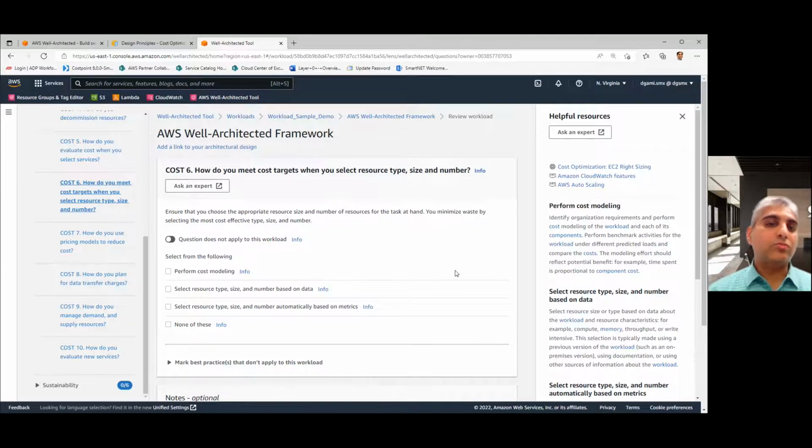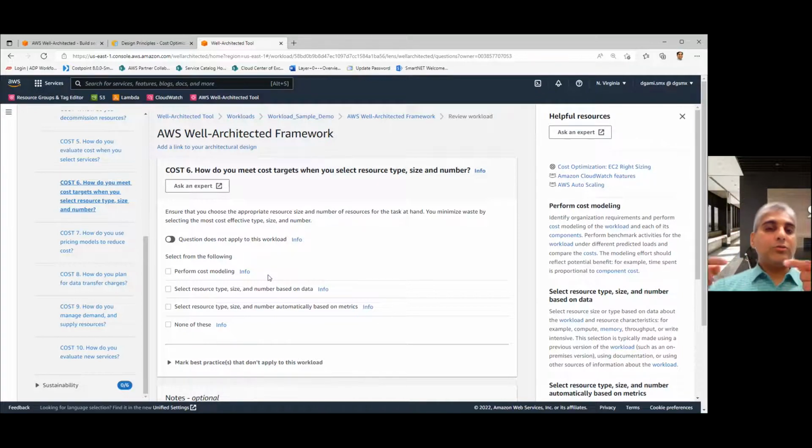Or I may choose another instance, which is say a lower cost, but that will require 25 of those instances. And when you combine all of those data points to say which model will work better in your situation, you choose the one that is more effective for you. And so that's performing your cost modeling and then selecting your type, size, and number based on data.